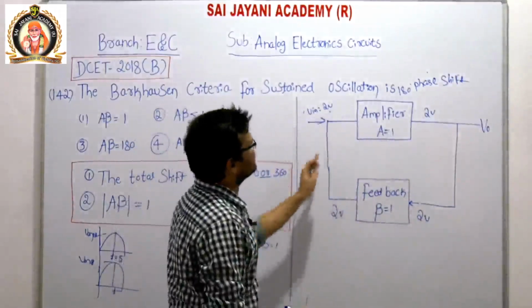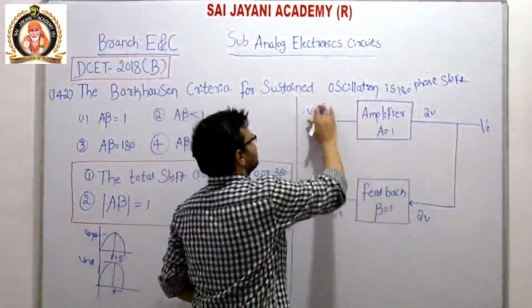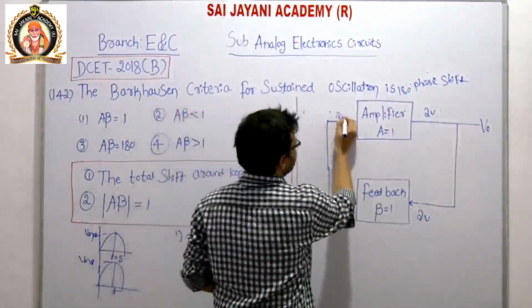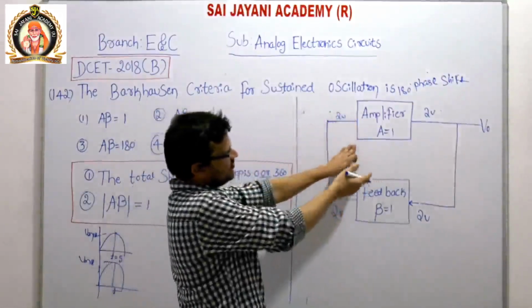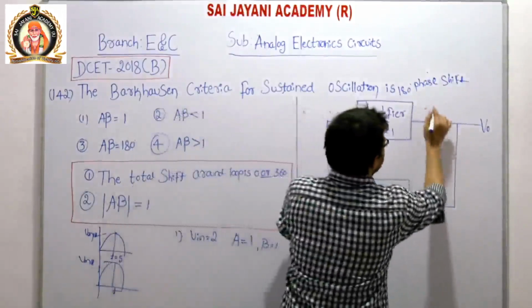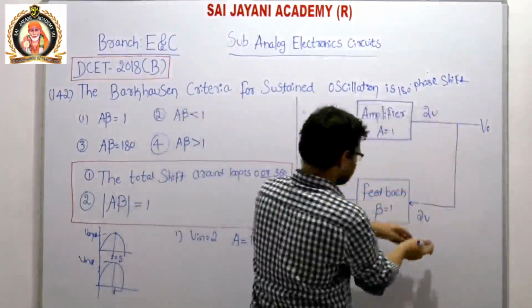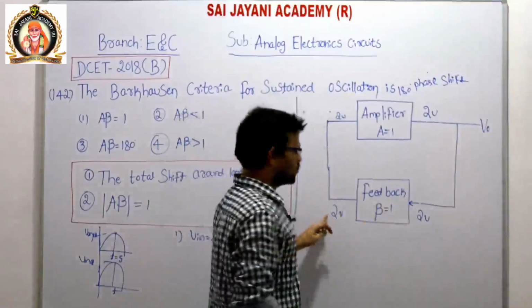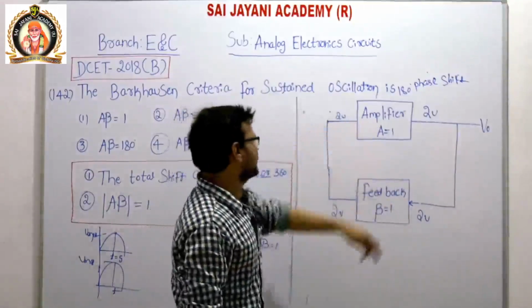Then this 2 volt is again fed back to the amplifier circuit, then there is no need of input signal. Then this 2 volt is multiplied with the amplifier gain of 1, then you are getting 2 volt, and this 2 volt is again fed back to the feedback circuit, and at the output of the feedback circuit you are getting 2 volt. This 2 volt is again fed back to the amplifier circuit.